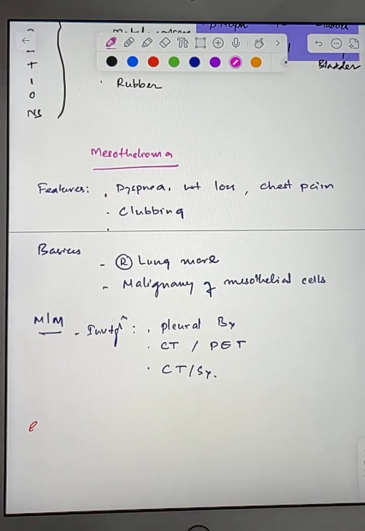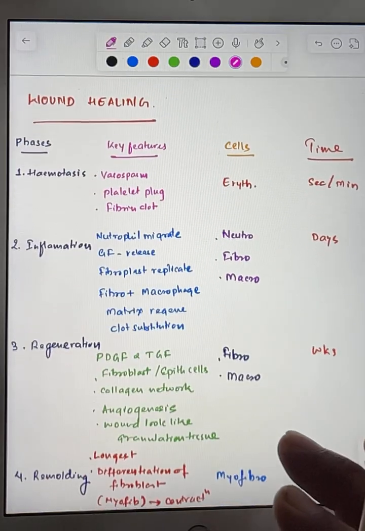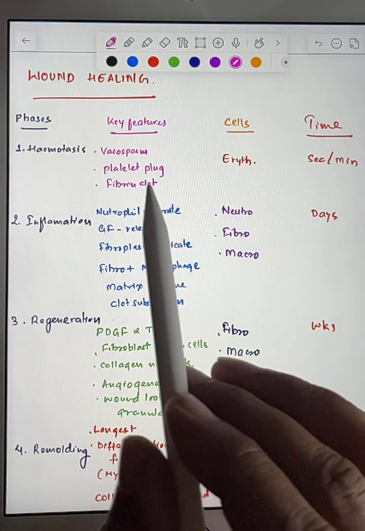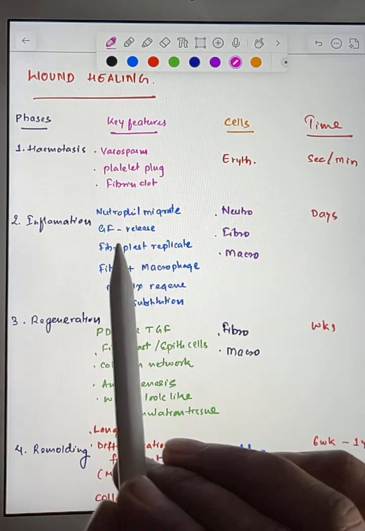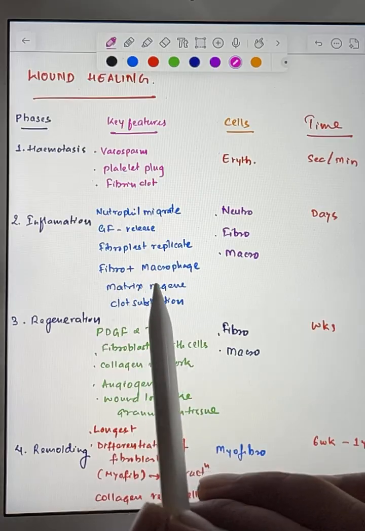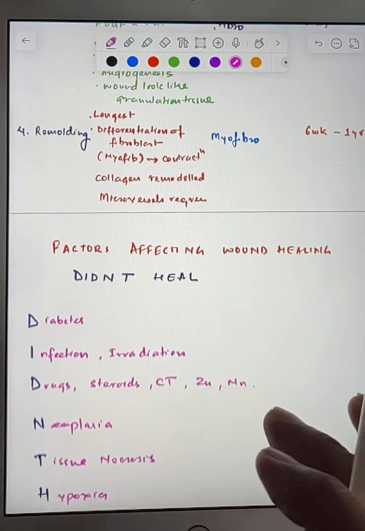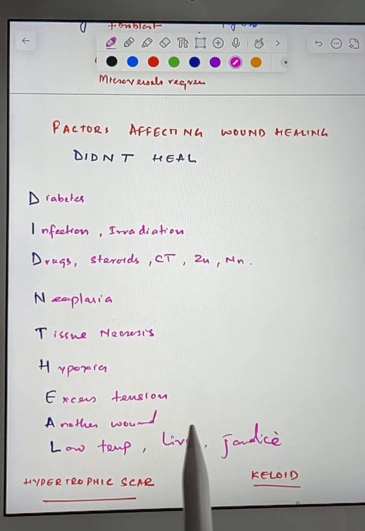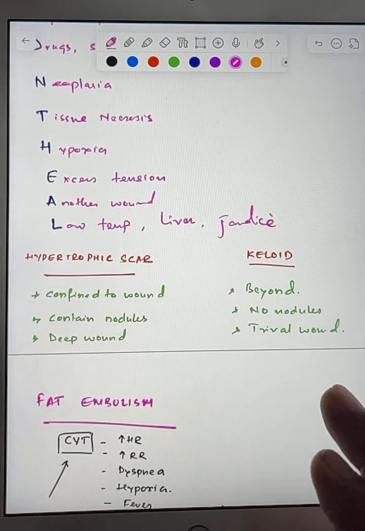Mesothelioma: dyspnea, weight loss. Wound healing phases we have seen: hemostasis, inflammation, regeneration, remodeling. Initially vasospasm, erythrocytes, neutrophil migration. Factors that prevent healing: diabetes, infection, drugs, neoplasia, tissue necrosis. Hypertrophic scars are confined to the wound, keloids extend beyond the wound.